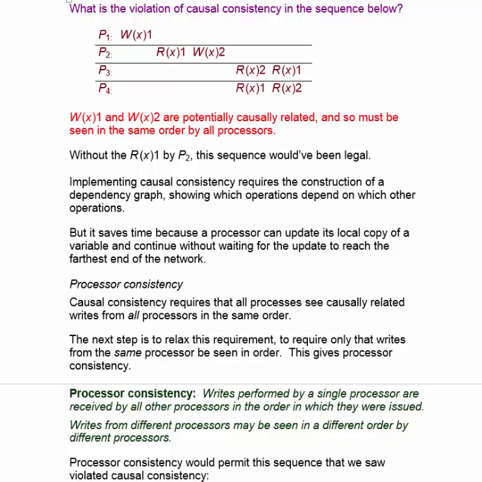Any write that it's not causally related to doesn't have to be seen in order with it, so the processor that does the write doesn't have to wait unless there's another causally related write that it's doing. So this helps in achieving concurrency, but it does so at the cost of some complexity in implementation.